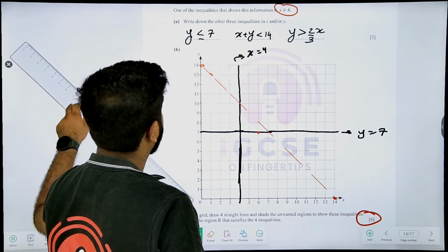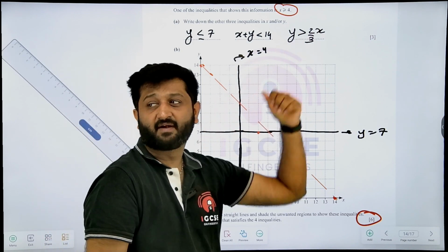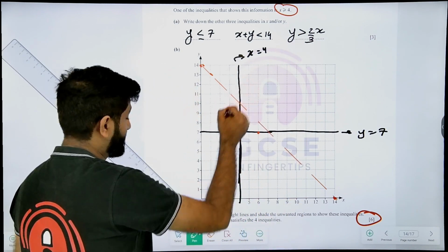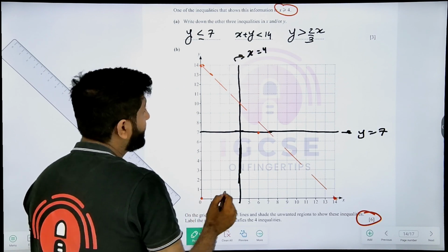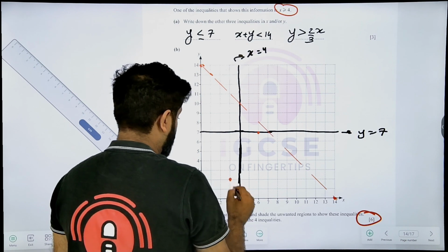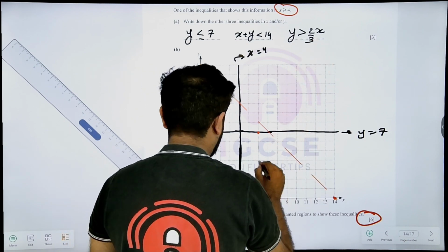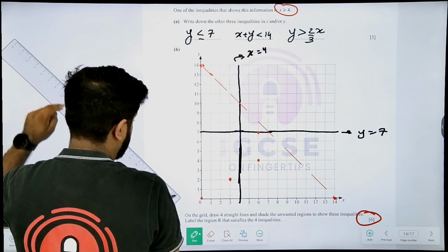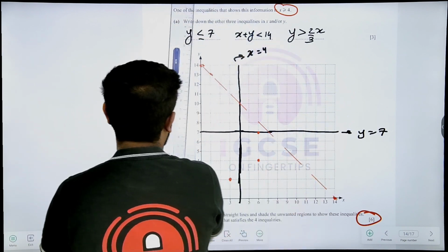Next, again I have to draw y is greater than 2 by 3 x. So when x is 0, obviously my y is 0. When x is 3, y is going to be 2. When x is 6, y is going to be 4. So using these points, let me draw the line.